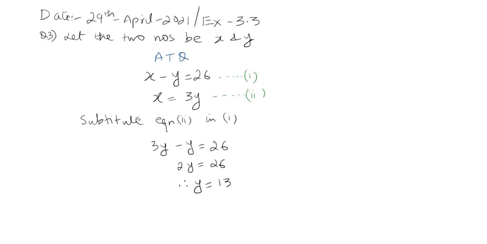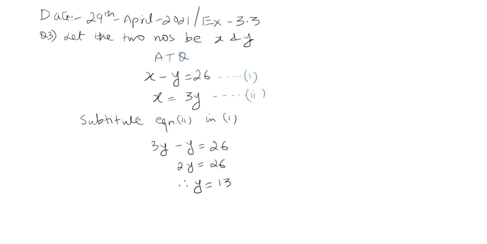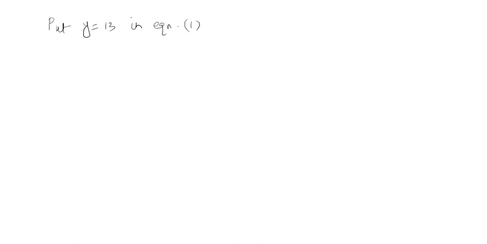So that I'll write on the next page. We can write put, or substitute, y is equal to 13 in equation 1. So what was equation 1? x minus y is 26. So write x minus y is equal to 26.